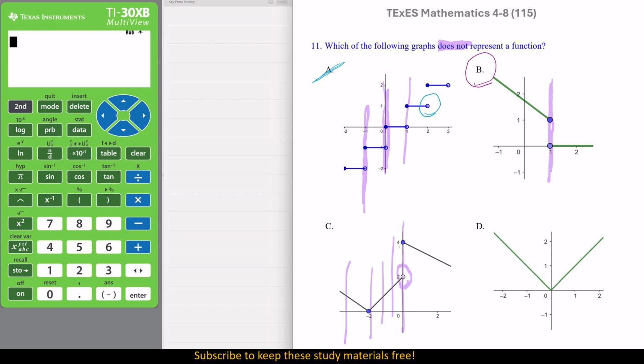So therefore, it only goes through this point. So that makes it a function. So mark that one out. Now, obviously, D, that's a function. It's the absolute value of x. And as you draw your vertical line, it only passes through once. Therefore, it is a function, and we'll mark that out.